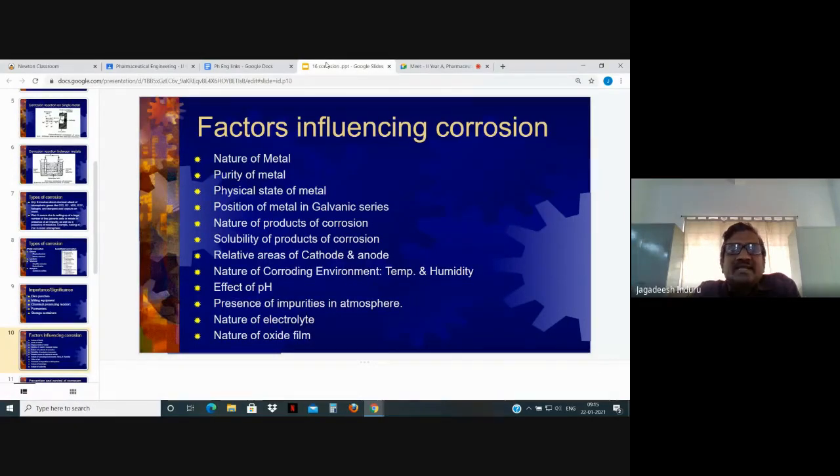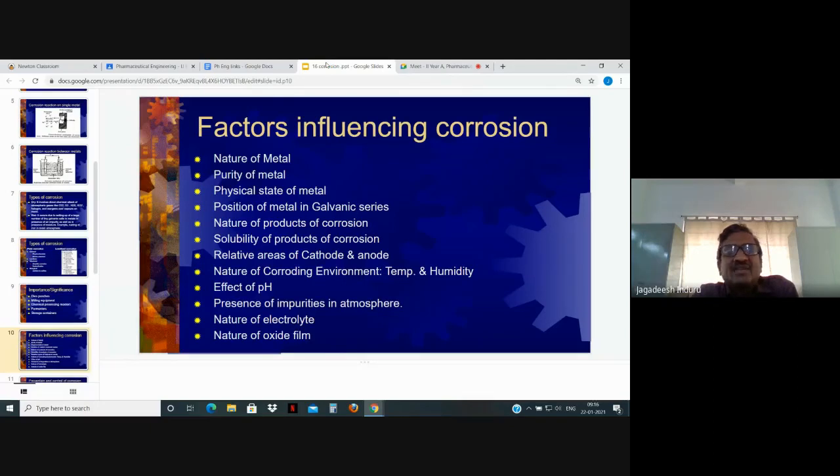Nature of the products of the corrosion. Most of the times, your corrosion product is soluble in nature, and it will act as an impurity in your output. That is the reason we look at the nature of the product, whether it is toxic or not, whether it enters into contamination, or whether it is going to act as a catalyst in our reaction or not.